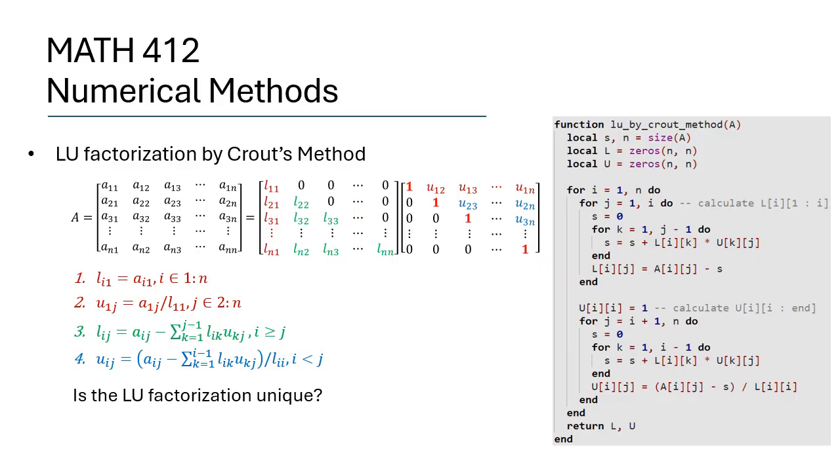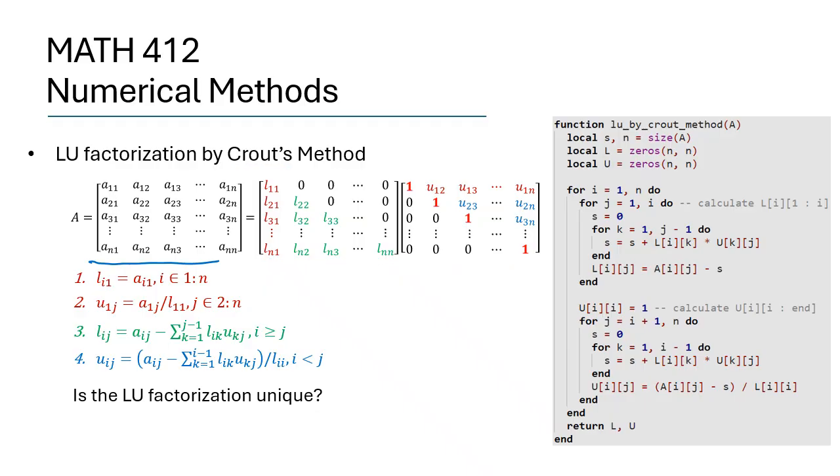And there is another method, called the Crout method. That method assumes that for such a square matrix we have this decomposition or factorization.